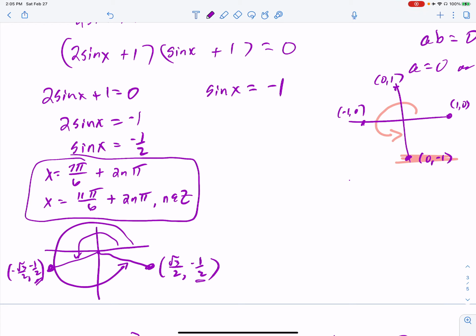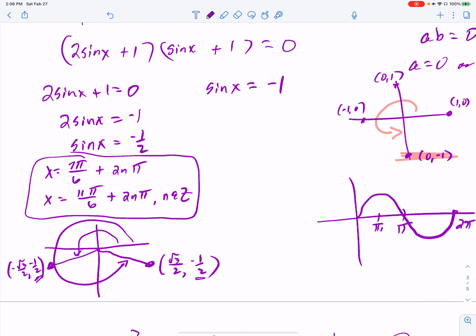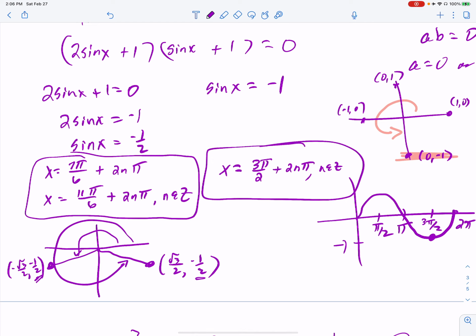I can also think about just one period of sine, where this is 2 pi, this is pi, this is your pi halves, and where it hits negative 1 is that 3 pi halves. So I could think about it graphically: sine will hit negative 1 only once during its period, and it's at 3 pi halves. So for this part of the solution, it is 3 pi halves and every full rotation, so plus 2n pi, where n is an element of the integers. And so both of those are needed for that solution.